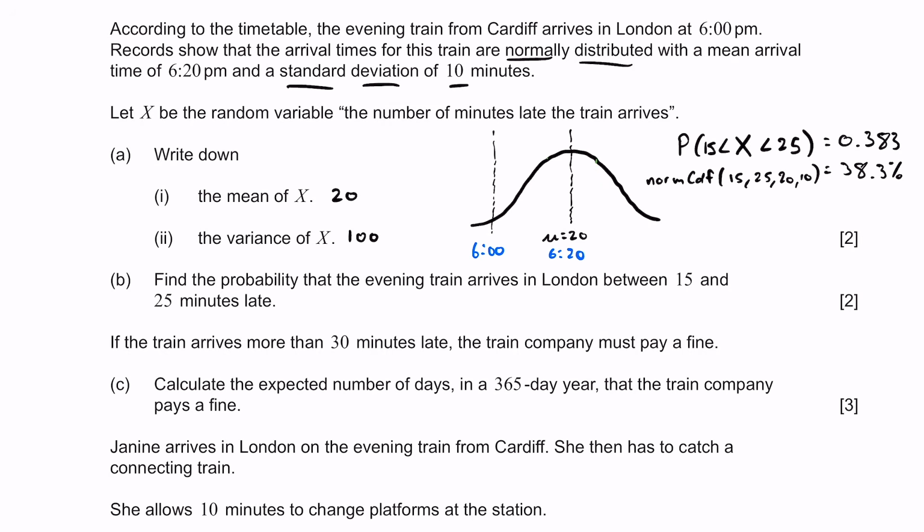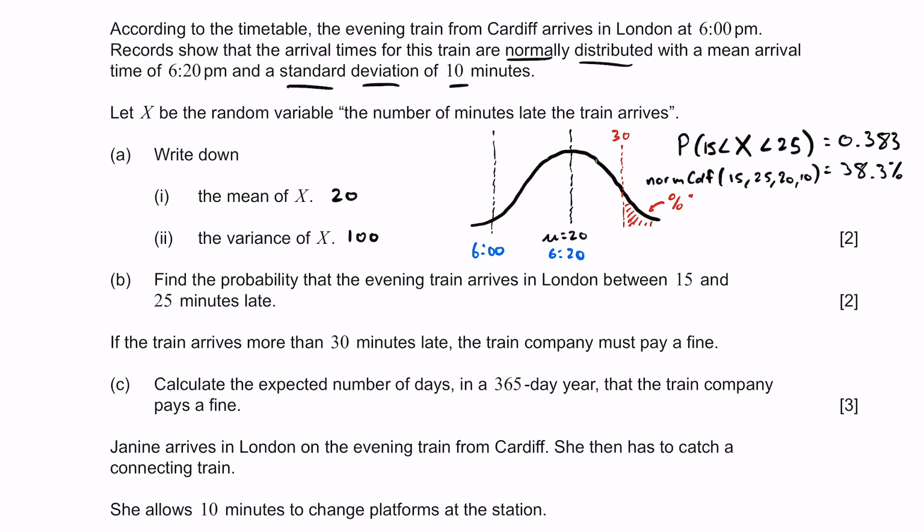Not bad. Okay, so in this case, we have different bounds. We want to find the probability that the train arrives more than 30 minutes late. So let's draw that bound in this case. Let's call this 30 minutes right here. And essentially we want to find this area, everything to the right here.